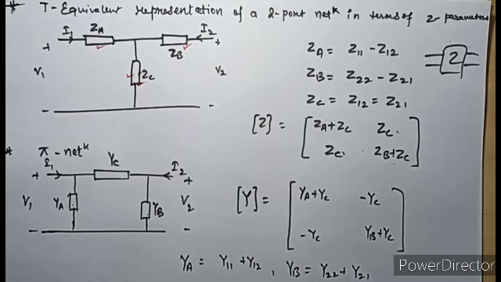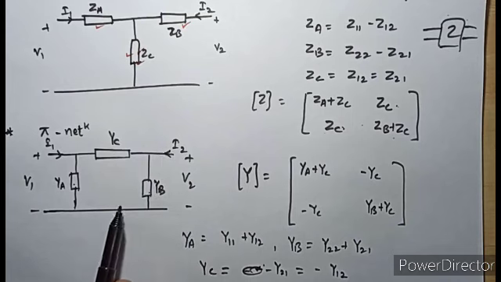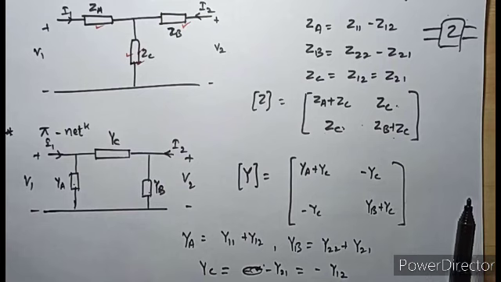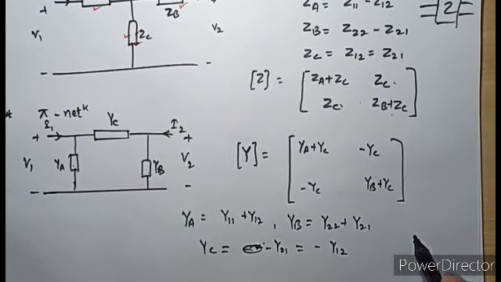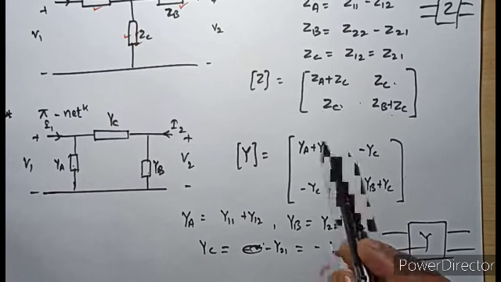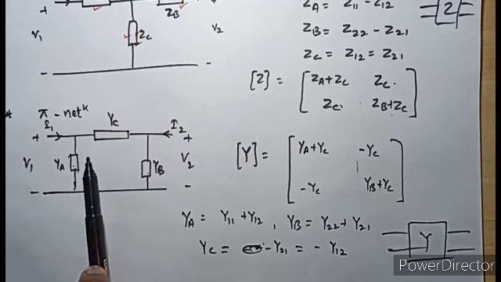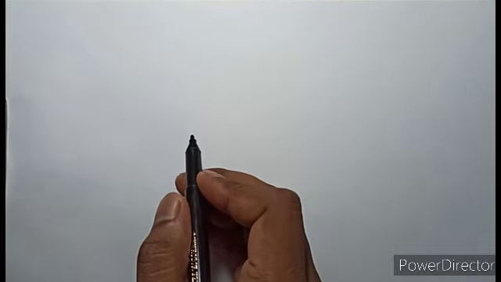Similarly for Y parameters, if the network in admittance form is given like this, then we can easily write its admittance matrix using these equations. And if the admittance matrix is given, then we can represent this network by this pi network using these equations. Clear? Now let's take our next standard form, the lattice network.